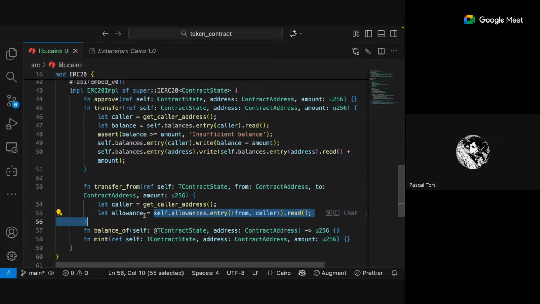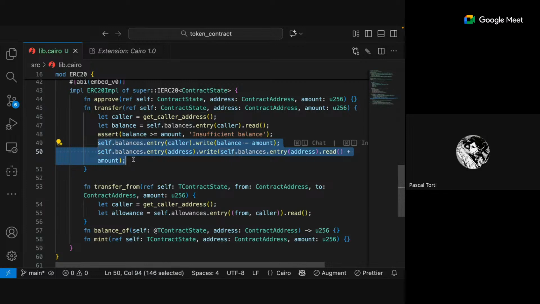I want to get this allowance. We check if this amount is less than or equal to the allowance. If not, we are going to throw an error. We are going to use the same assert. Then once we do so, we reduce the allowance: we deduct this amount from the allowance and write back the same allowance.